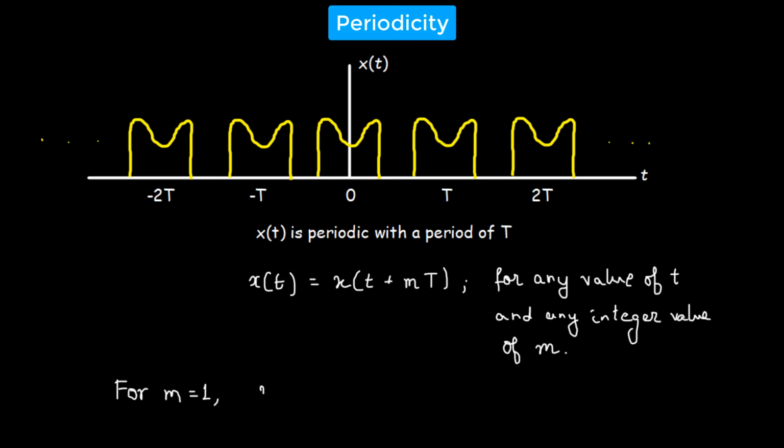So if we consider m equal to 1, that gives us mT simply equal to 1 times T, which is T, and this T is referred to as the fundamental period.